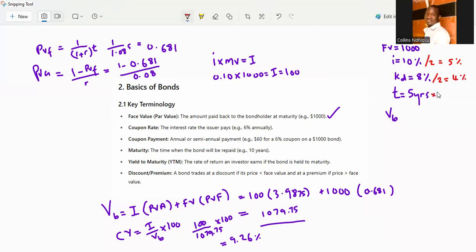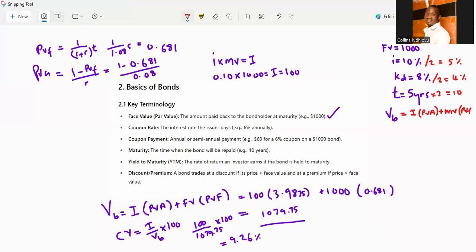We're going to have how many periods? 10 periods. Okay, so can you remind me, how do we find the capital I? We know that the value of the bond is the present value of the annuity plus the maturity value and the present value factor.